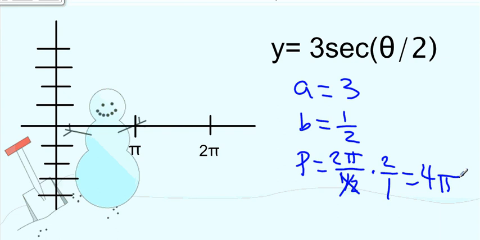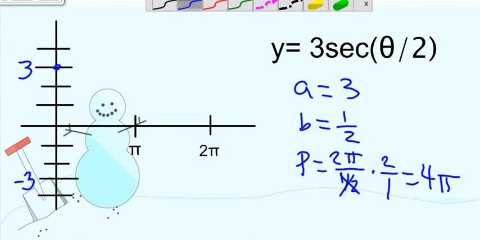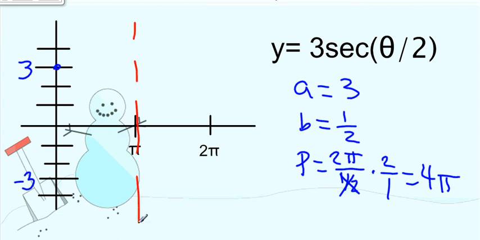So we're doing secant, right? And secant is the reciprocal of cosine, and cosine normally has a value on the y-axis there. So if I'm going up 3 and down 3, it would have a value at 3. And then at the next section, it would have an asymptote, which this next section would be pi, because our period is 4 pi. Okay? The way to figure out what the values on the x-axis would be is to divide that number that you get for your period by 4, and you'd get pi.